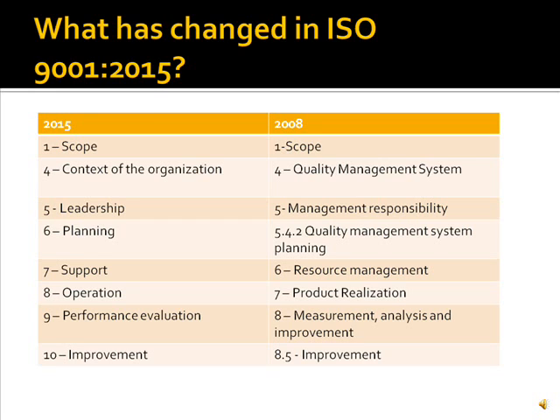Section 6 is planning, which was 5.4.2 quality management system planning. Section 7 is support, which was resource management. Section 8 is operation, which related to 7 product realization. Section 9 is performance evaluation, which relates to Section 8 measurement, analysis and improvement. And Section 10 is improvement, which related to 8.5 improvement.